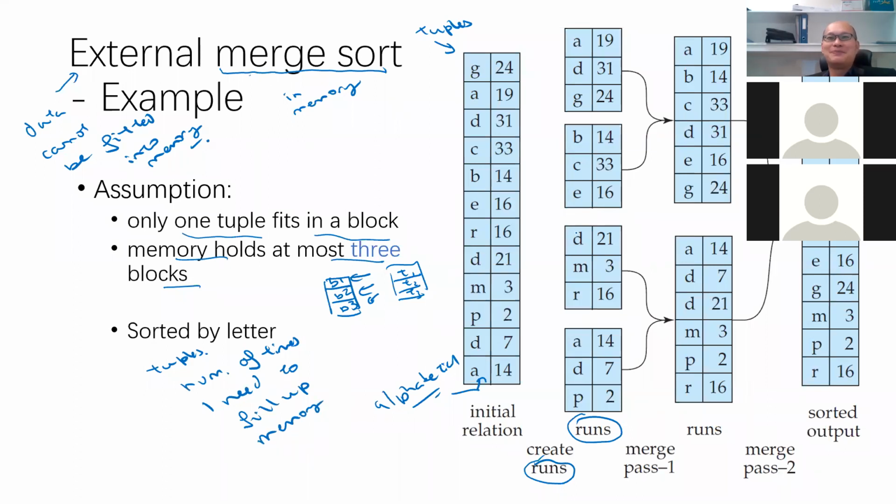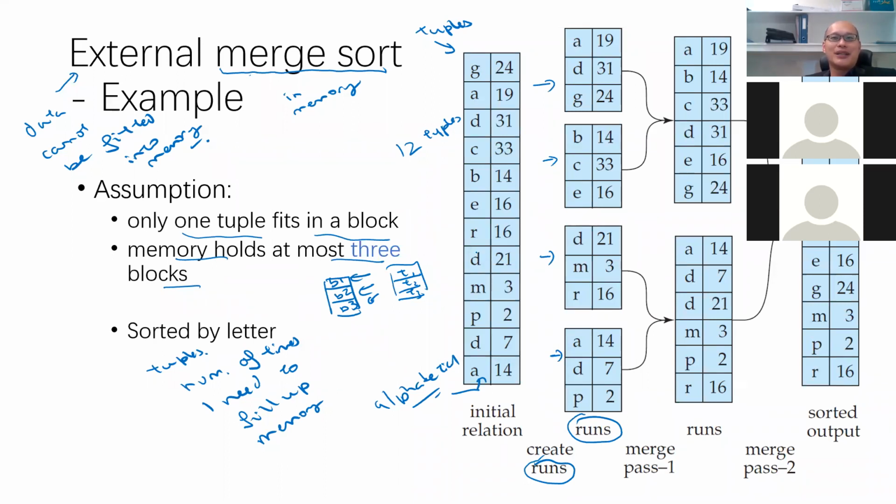So for these 12 tuples, every time my memory can only take in 3 tuples, so I need to fill up the memory 4 times.